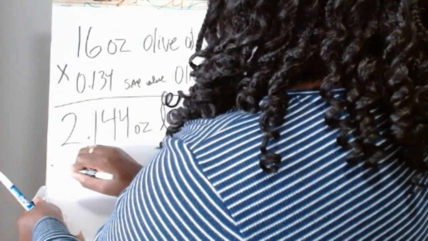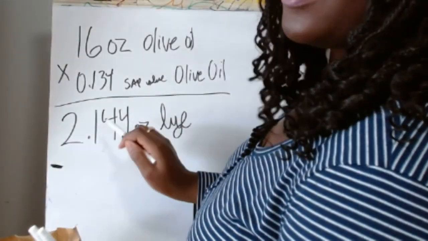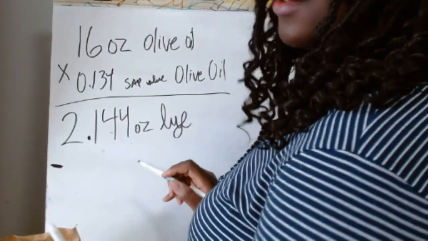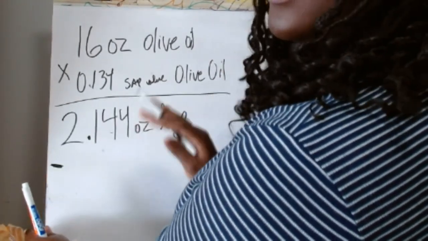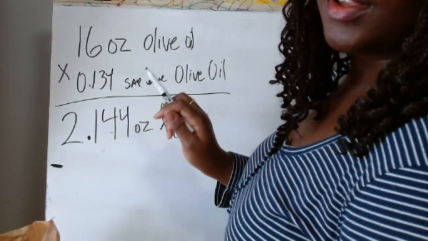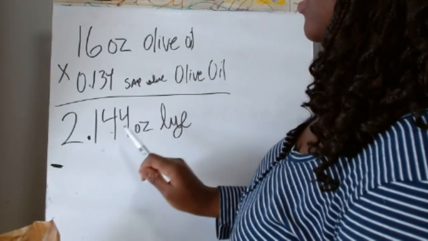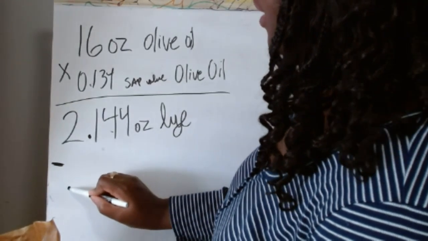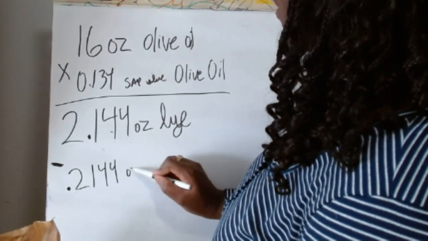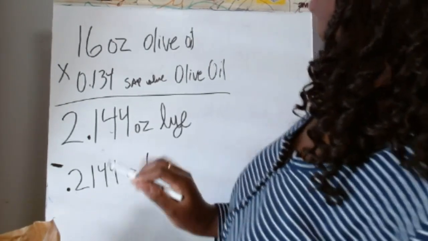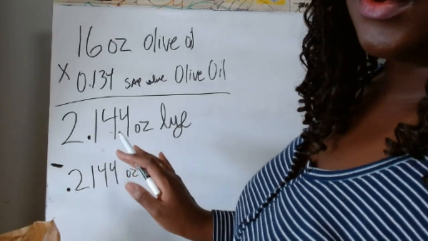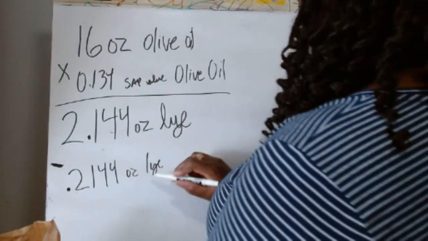Now we're going to subtract 10% of our lye for our lye discount. Because we're using a simple number of 10%, 10% of 2.144 will be 0.2144 ounces of lye. We just simply move that decimal place over by 1 to account for a 10% discount.